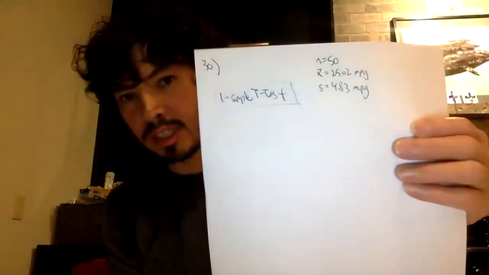Name it. One sample t-test. Now, their goal was averaging at least 26 miles per gallon. So the null hypothesis is that the true mean for this fleet of cars is 26 miles per gallon.